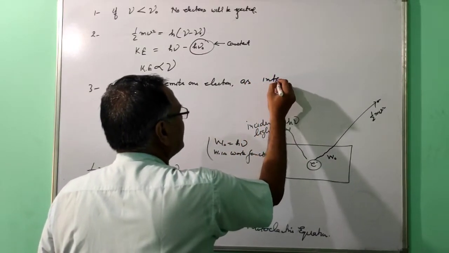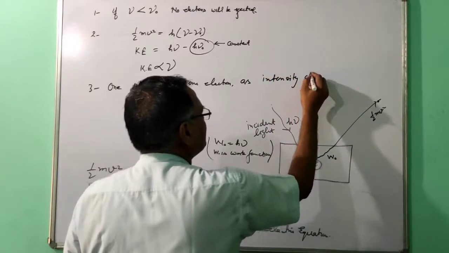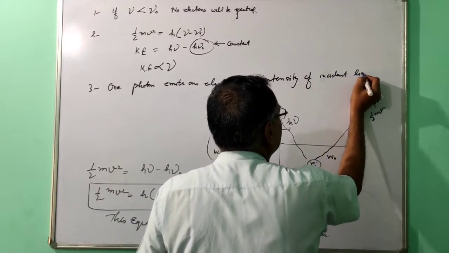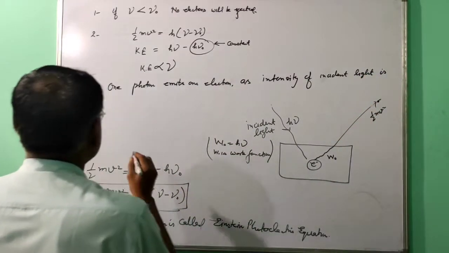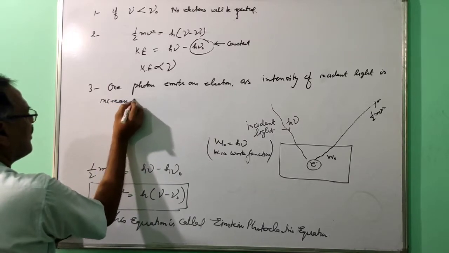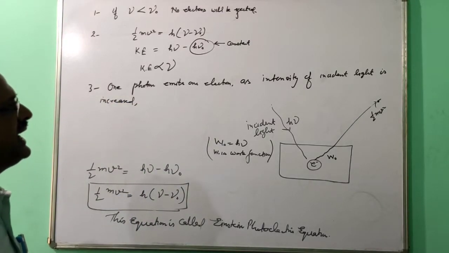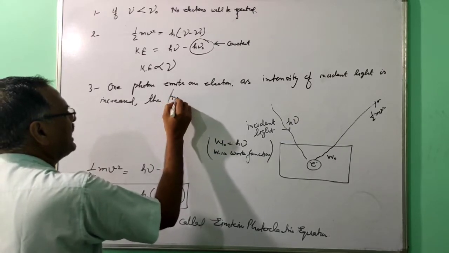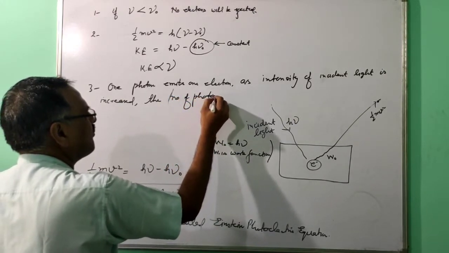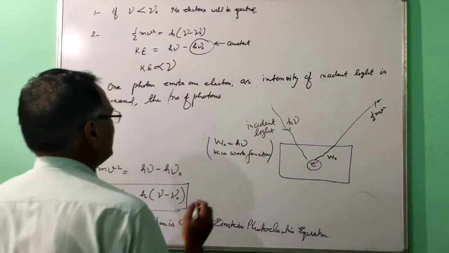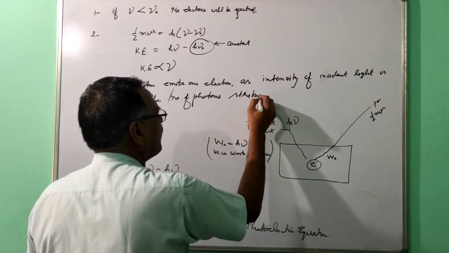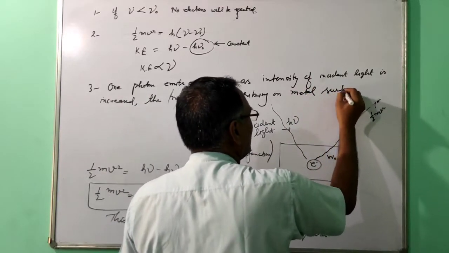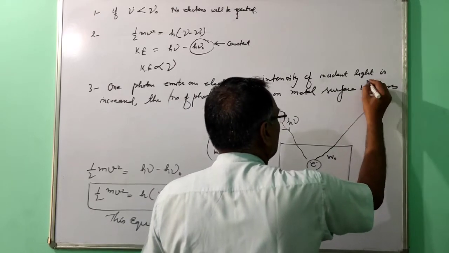As the intensity of incident light is increased, the number of photons striking the metal surface increases.